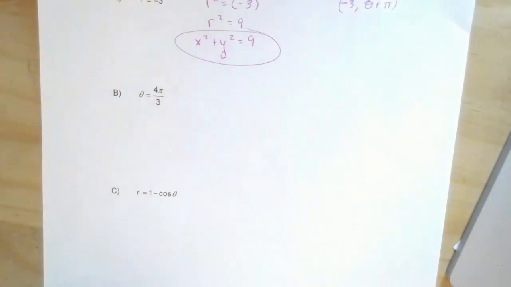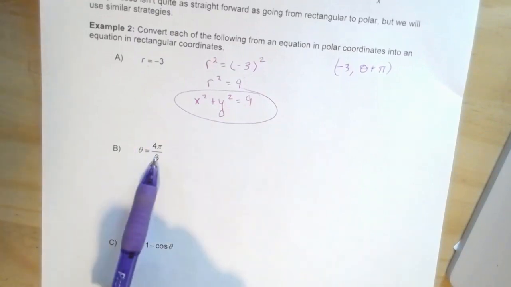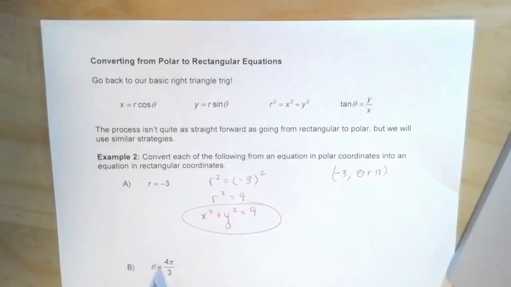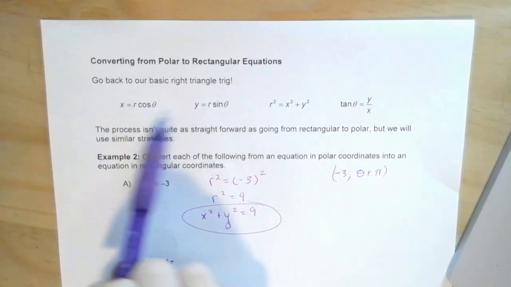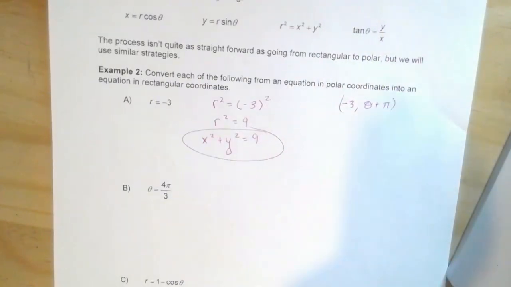Alright, theta. What if we are given that theta is 4 pi over 3? Well, for me, the easiest one to look at, because we do not have an r. If we had a theta and an r, I would want to use these guys. But I don't. I have a theta, so I'm going to use tangent.